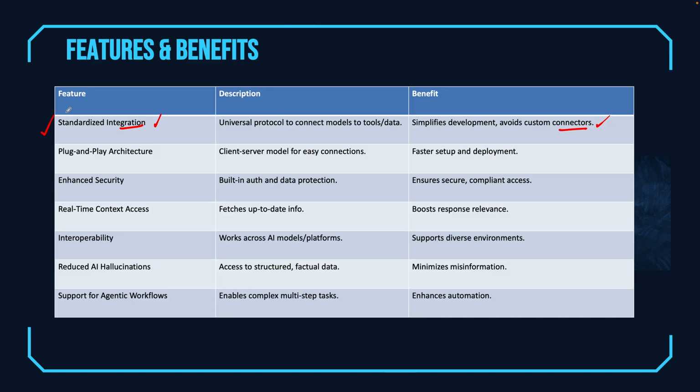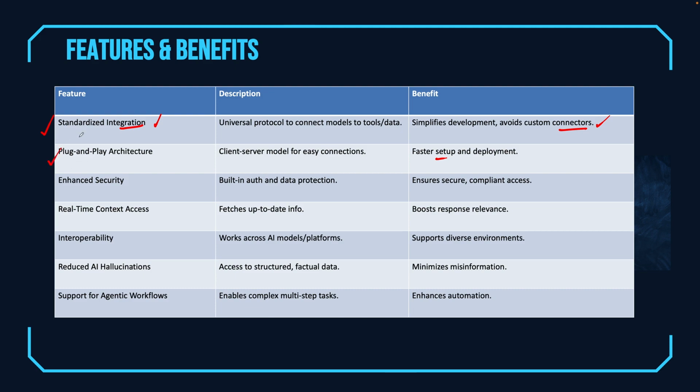If I change that JSON, say part of it, and bring in some other MCP server, it works perfectly fine. It's so plug and play that you can bring in a new MCP server, you can take out another MCP server, and I'll show you how quickly and easily you can do it. So obviously that gives you faster setup and deployment, right?